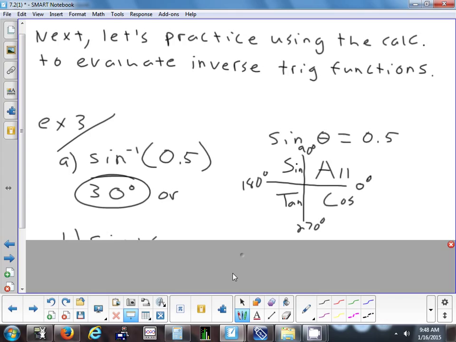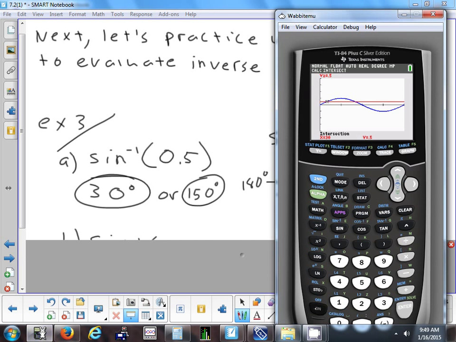Just remember if it's plus or minus. 150. So if you did 180 minus your reference angle, you get 150. Let's look at the other intersection point. Second calc, intersect. 150. There's your other answer.